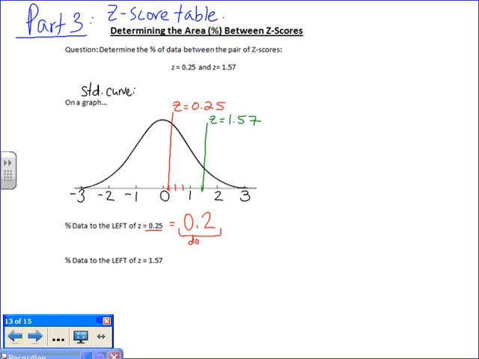We look down the column under Z until we see 0.2, and we look across for the last decimal place, which in this case is a 5, so we locate 0.05. Then we take our fingers and bring them together to see where those 2 values meet on the table. They meet at 0.5987.